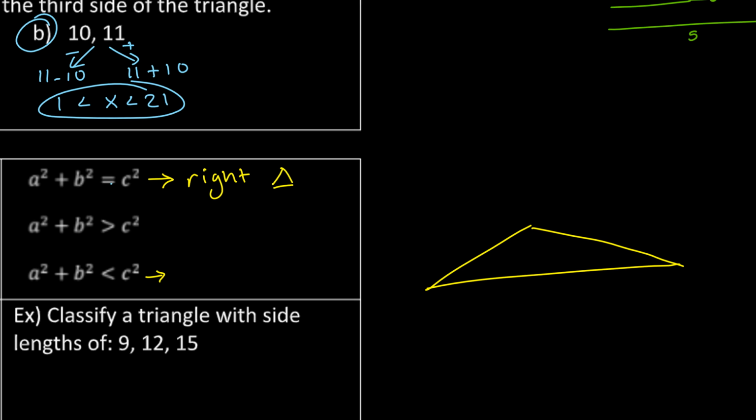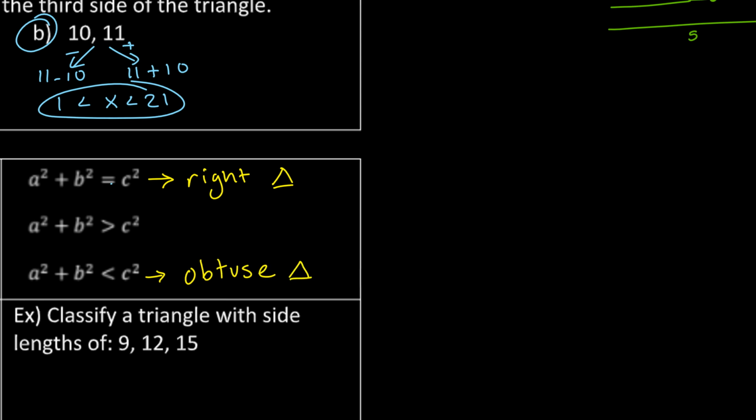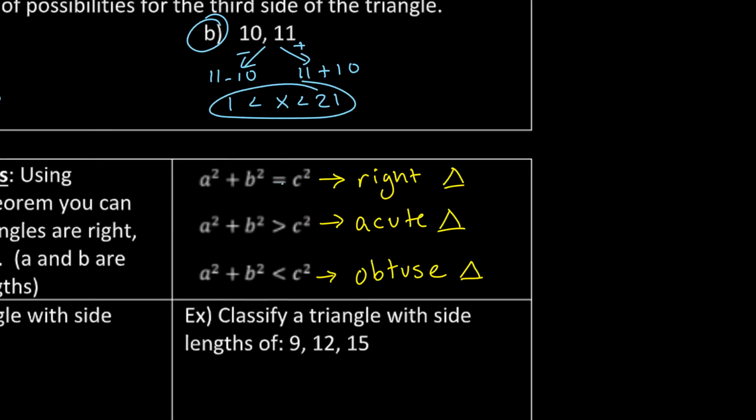What is created across from the c? Oh, an obtuse angle. So what type of triangle is this? Obtuse triangle. And therefore, when a squared plus b squared is bigger, so they're just a little bit bigger, what type of triangle is that? An acute triangle. So the Pythagorean theorem can tell you what type of triangle it is.